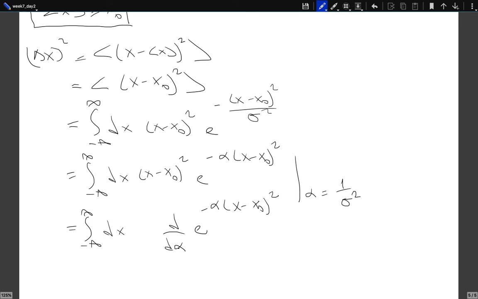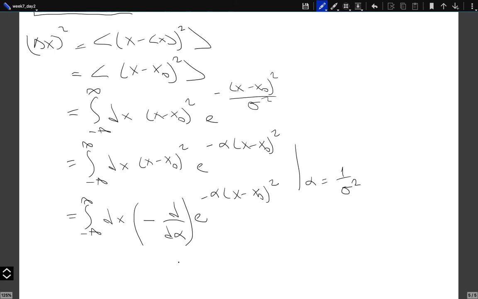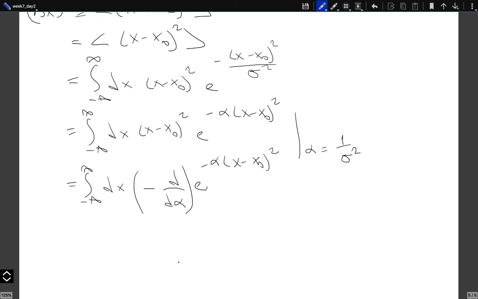Keep in mind, I am taking the derivative with respect to alpha. Well, it will be the same exponent multiplied with minus x minus x0 squared. Almost exactly like this one, with an extra minus sign. So let me just multiply it by a minus sign also. But now, derivative with respect to alpha and integration with respect to x are independent things.